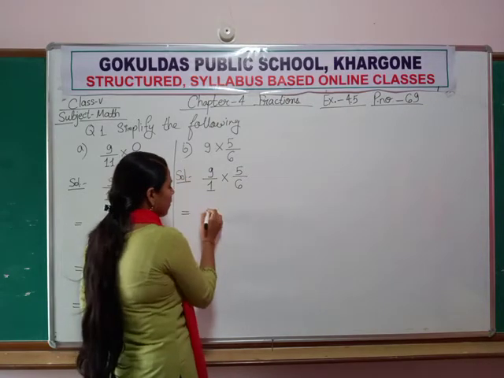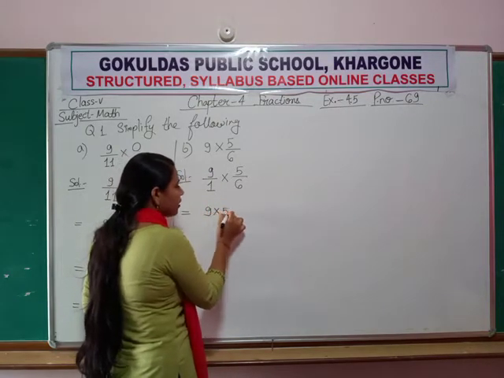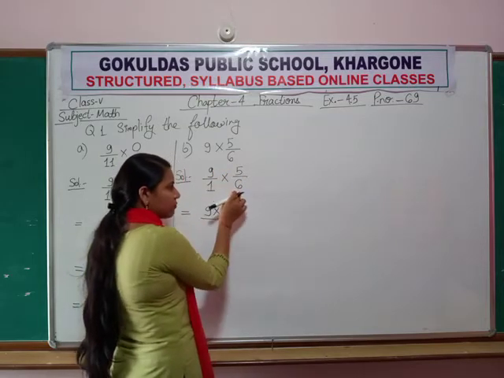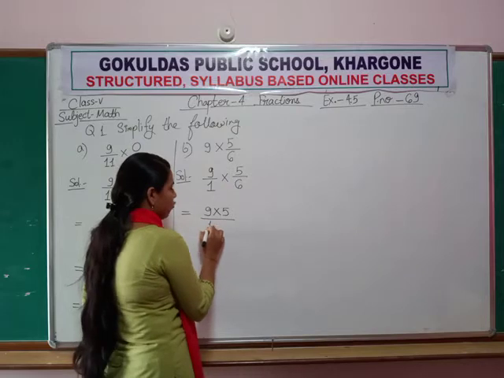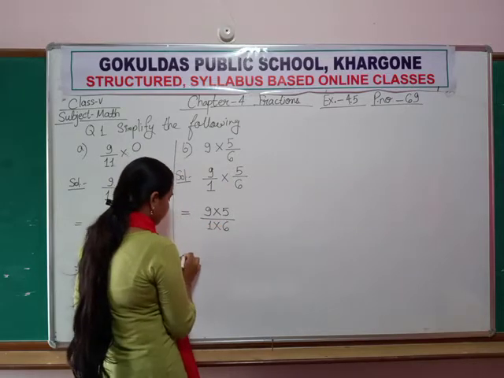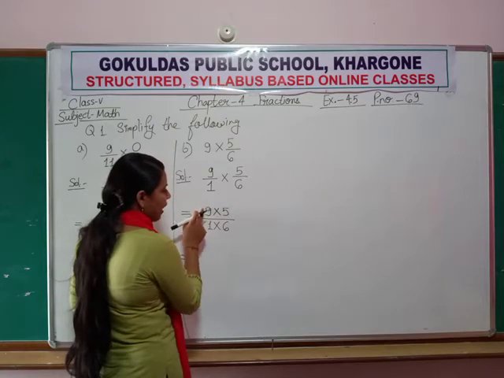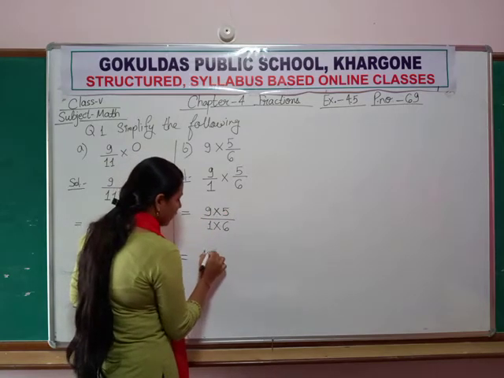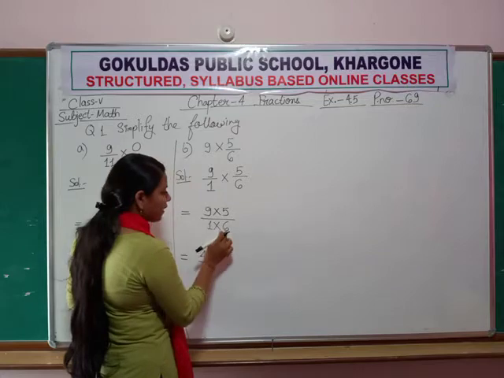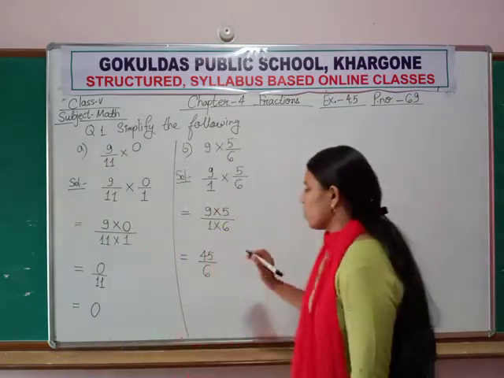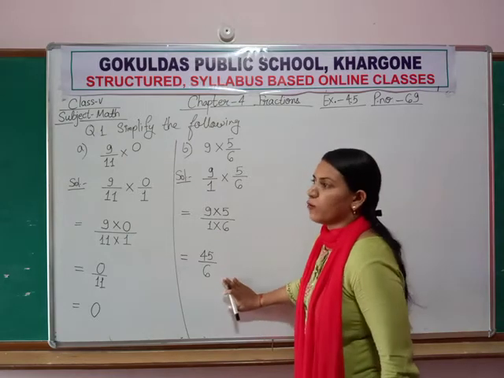So 9 will get multiplied with 5, and 1 will get multiplied with 6. Now solve it. 9 5s are 45 upon 1 into 6 is 6. Now your answer is 45 upon 6.